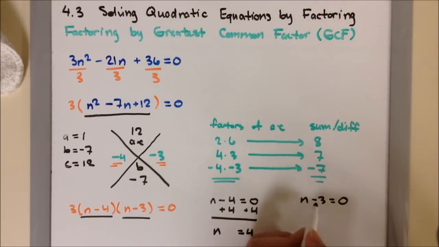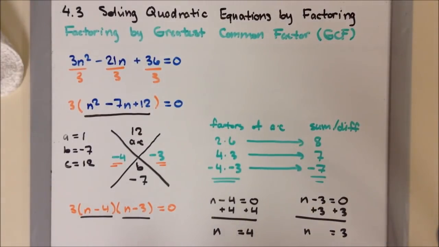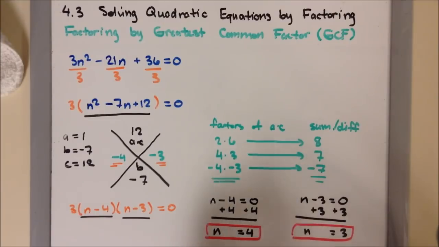For the one on the right, I'm going to add 3 on the left, add 3 on the right. So it's going to be n equals 3. So my final answer, or the solution, is n equals positive 4 and n equals positive 3. So those are your two solutions.